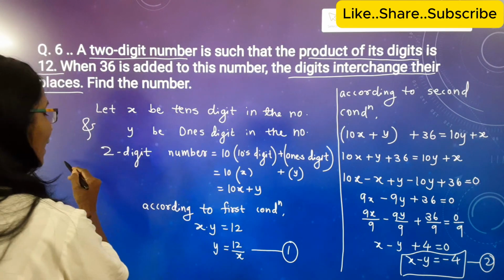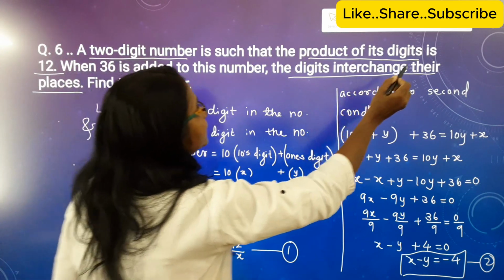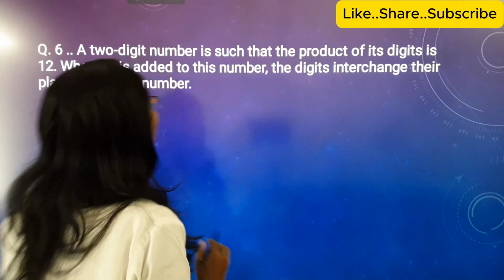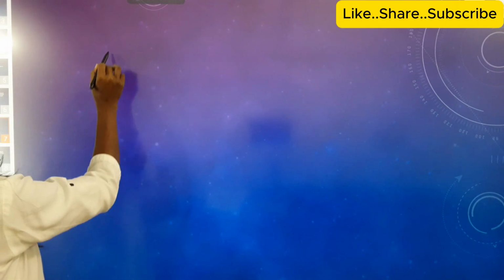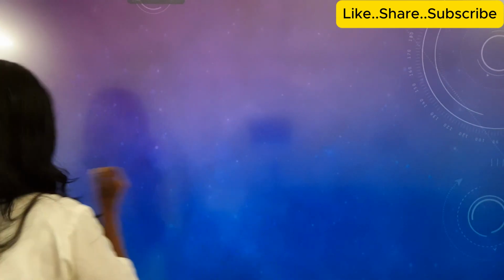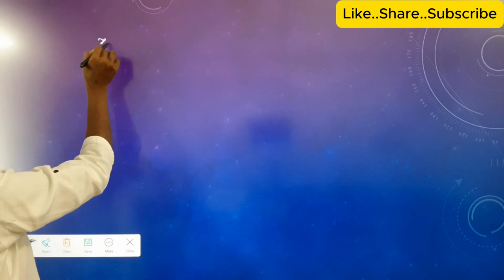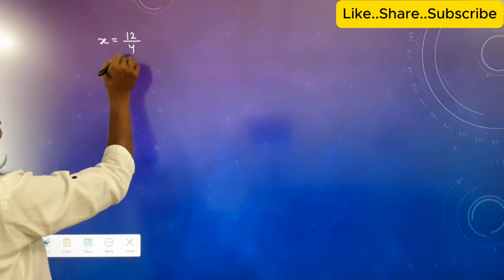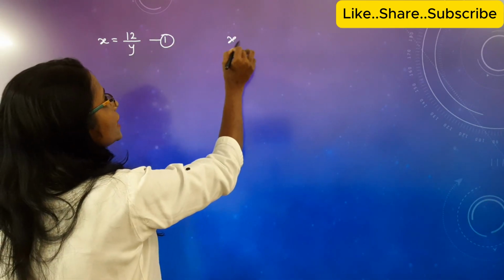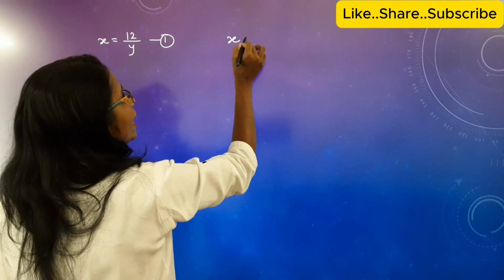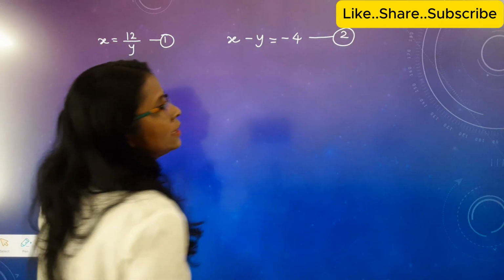Okay, so next, see here, students, be careful. We have y equal to 12 upon x as our first equation, and the second equation is x minus y is equal to minus 4.